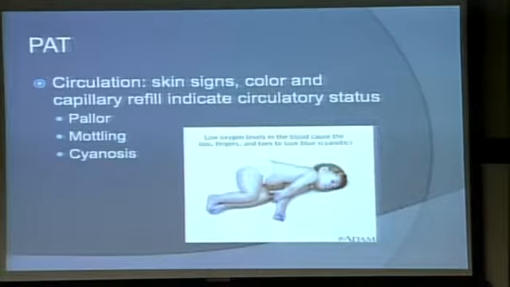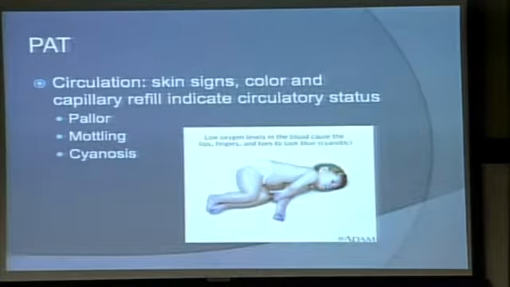Then the circulation. What does their skin look like? What's the color? Are they having normal capillary refill? You should check the capillary refill on any child who looks sick. Do they have pallor? Is there mottling of the skin? Mottling is normal or usual in the immediate newborn period because the nervous system of their skin is just not established well yet.